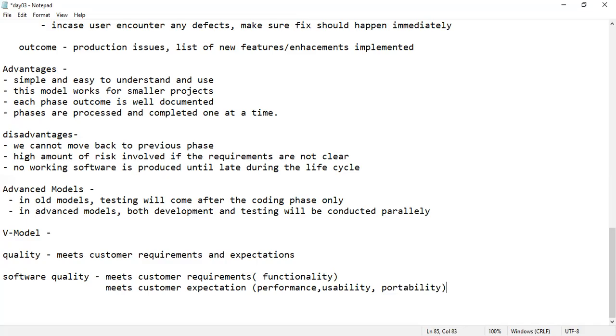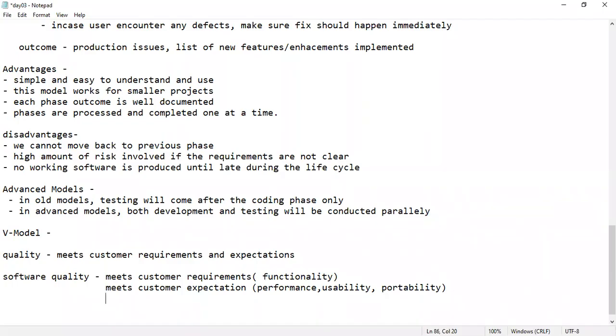Someone might be using Firefox, somebody Chrome, somebody Opera. There are 10 browsers available in the market. So irrespective of the browsers and the OS, the entire application should work. Okay, you got my point? Yeah.